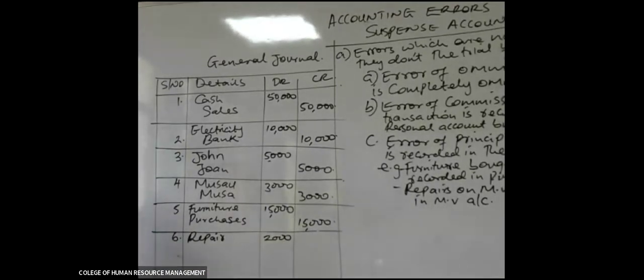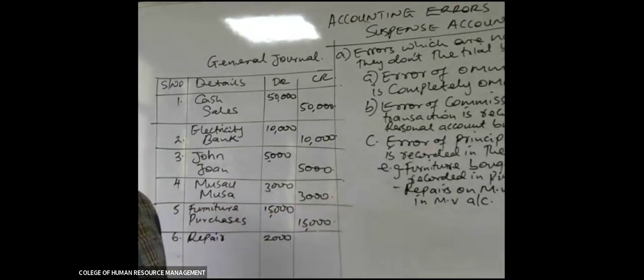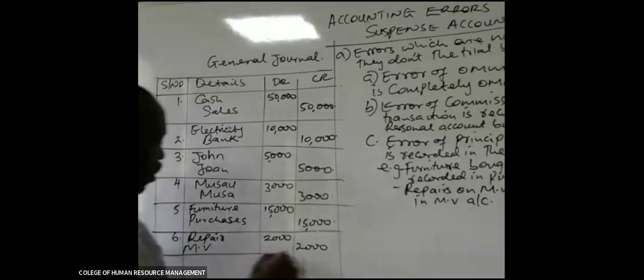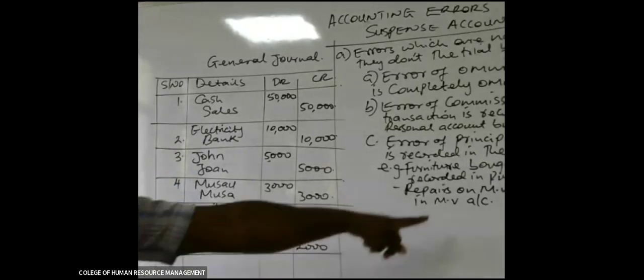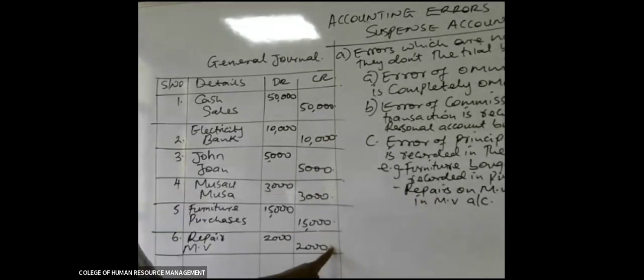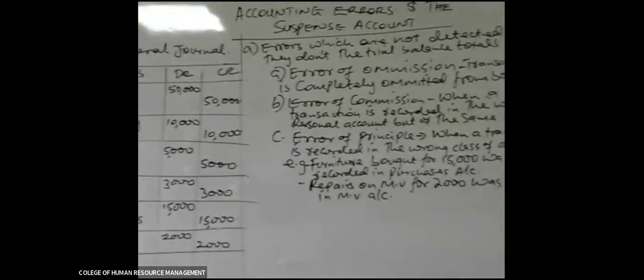But now, we are told it was recorded in motor vehicle, meaning that they debited the motor vehicle by mistake. You cancel that by crediting the motor vehicle. Here it was debited. Here you credit now to reverse this wrong debit that was made there. And you take it now to the correct account, which was the repairs. Error of principle.